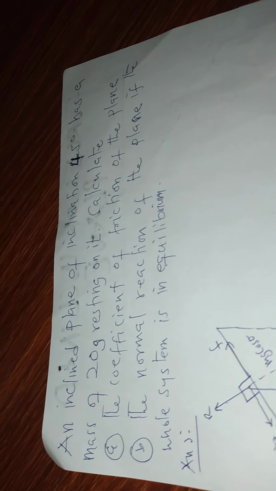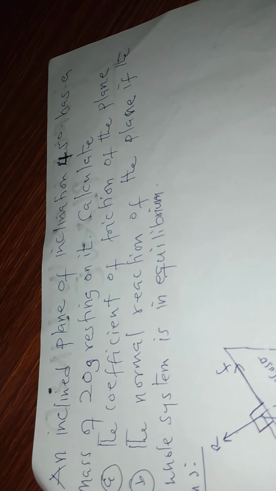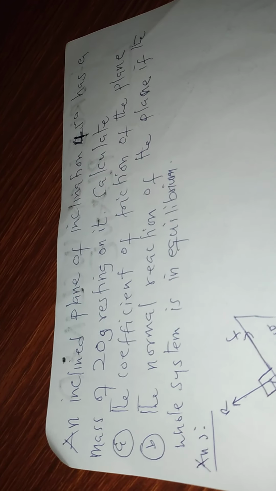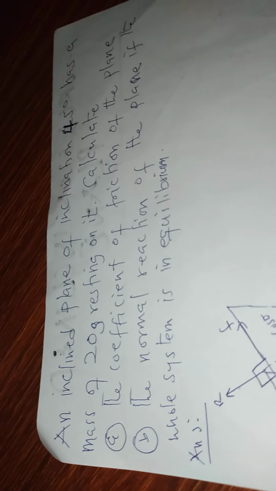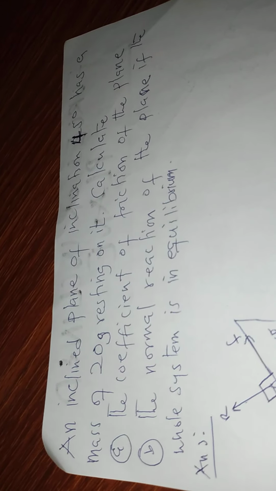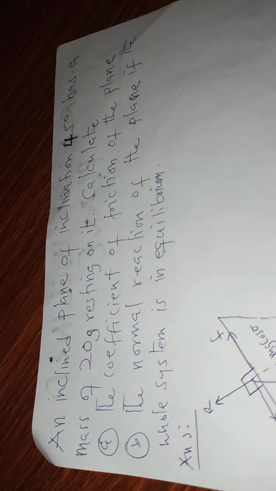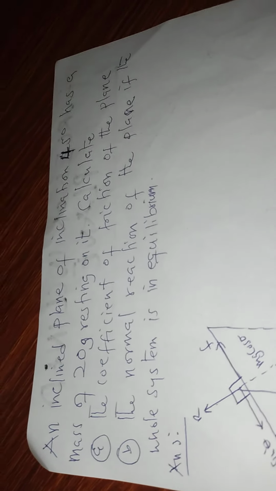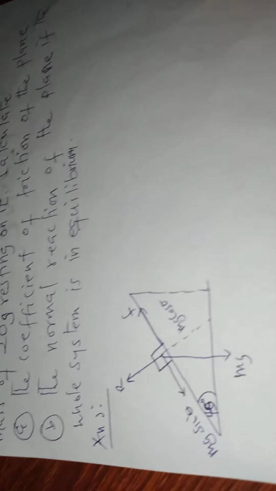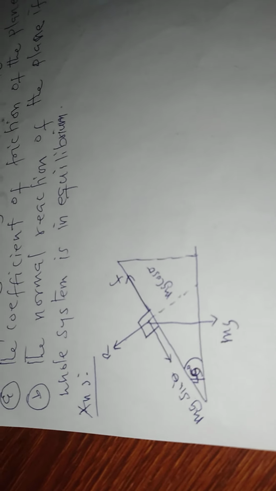Our first question here: an inclined plane of inclination 45 degrees has a mass of 20 grams resting on it. Calculate A, the coefficient of friction of the plane, and then B, the normal reaction of the plane if the whole system is in equilibrium. Now, for a physics question, the first thing you have to do is to draw your diagram.